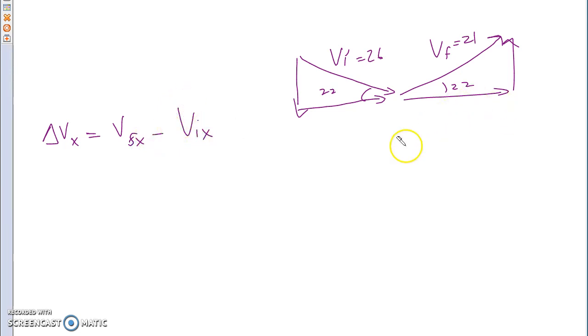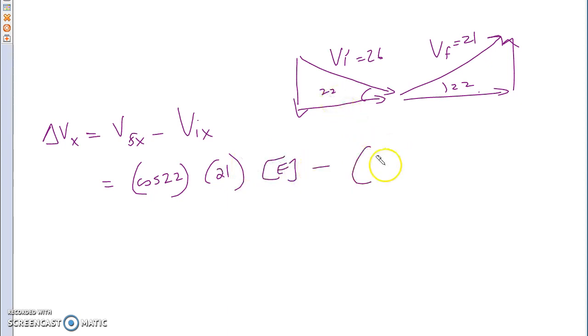Now, as I said, for some people this might be easier. So what is your Vfx? Vfx is right there, cos of 22 times 21, and that is going east, minus cos of 22 times 26, and that is going west.